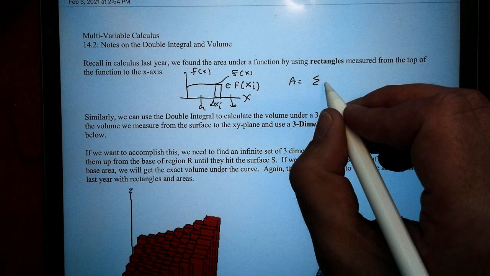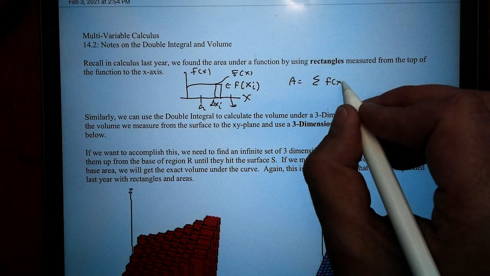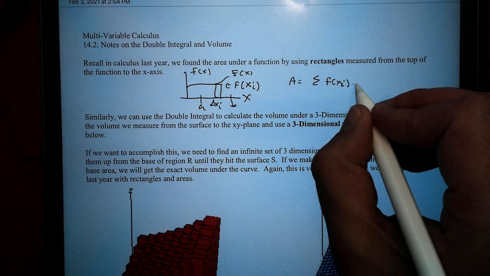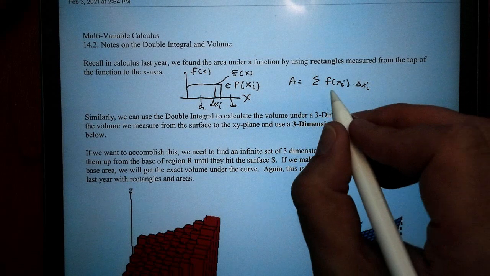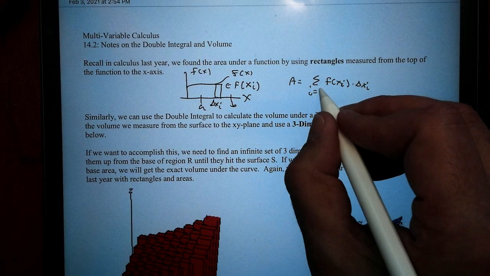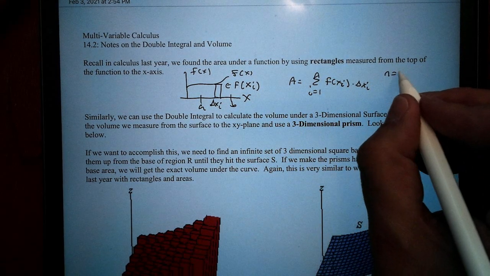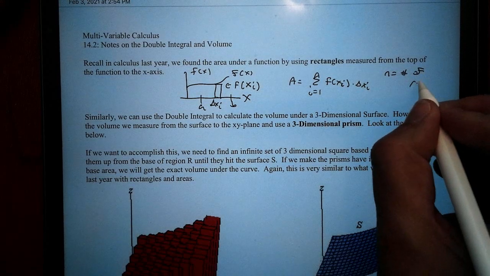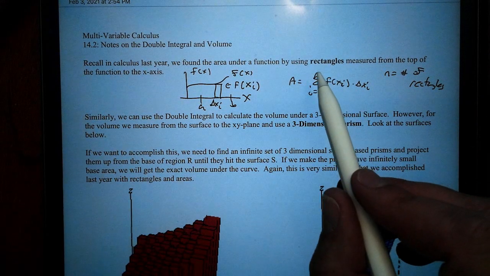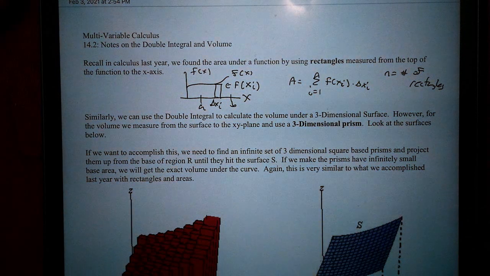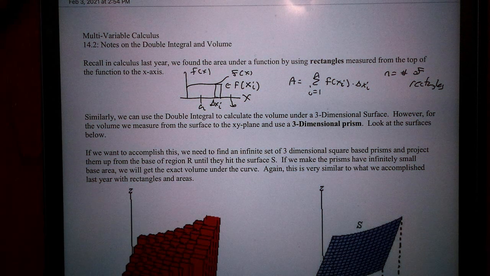The area of each rectangle would be the value of the function, the height, times delta x sub i, the base of the rectangle, and we would let i go from 1 to n, where n is the number of rectangles. This is how we were able to approximate it. To get the exact value, we would let n go to infinity.